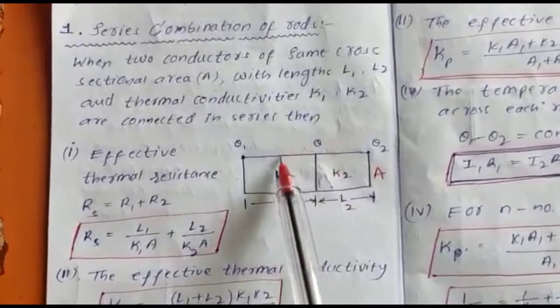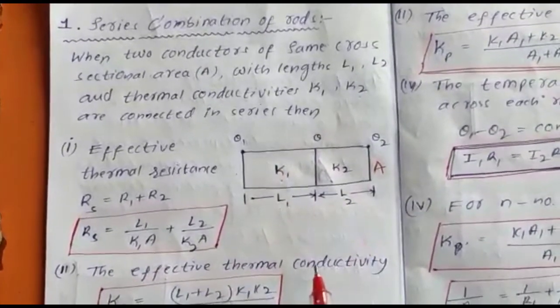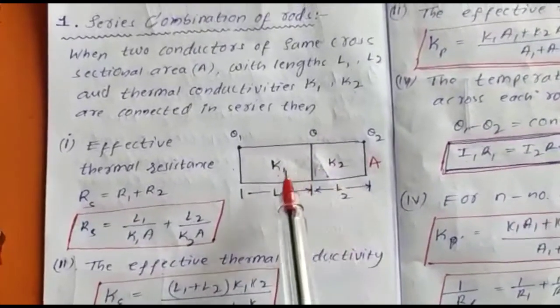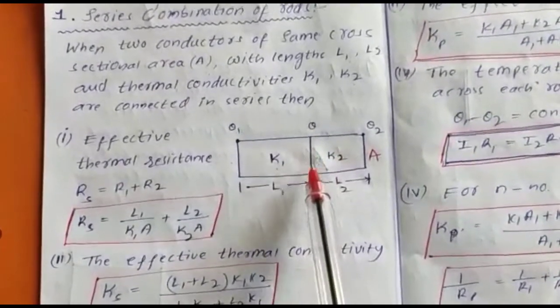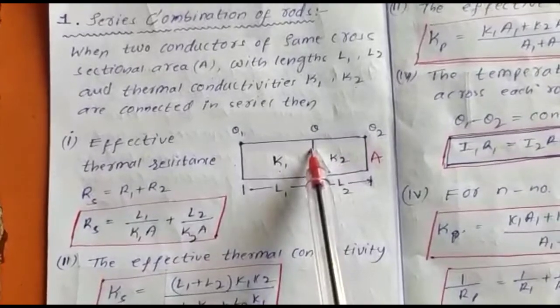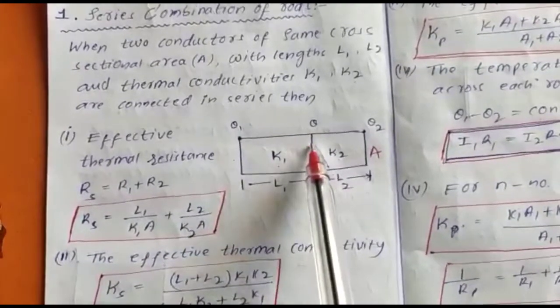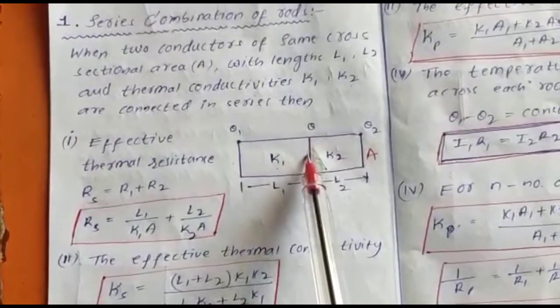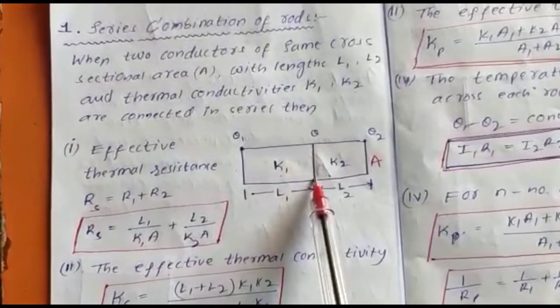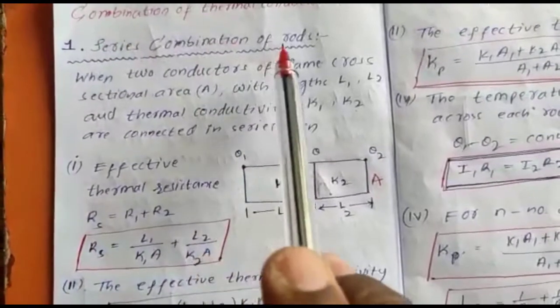If these two are connected in series, what is the meaning of series combination? Two rods are connected end to end. This is the end of the first one, and this is the starting end of the second one. Both ends of the rods are joined together. Such a combination is called a series combination of the rods.